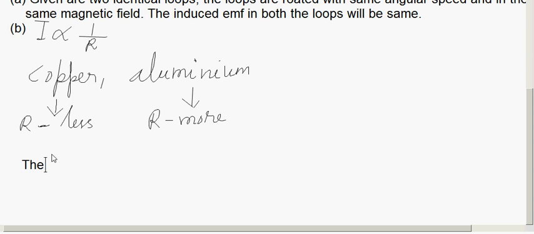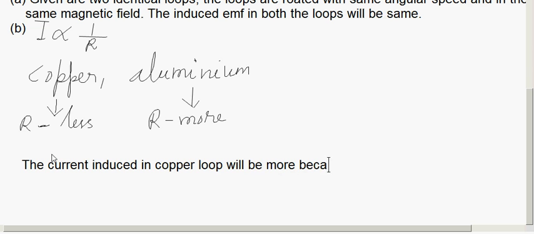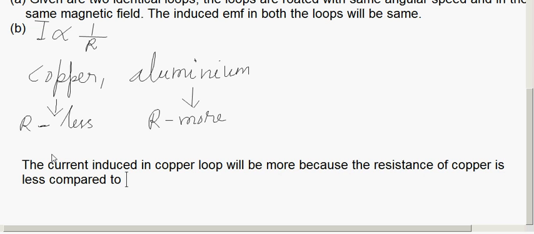The current induced in copper coil or copper loop will be more, because the resistance of copper is less compared to aluminium.